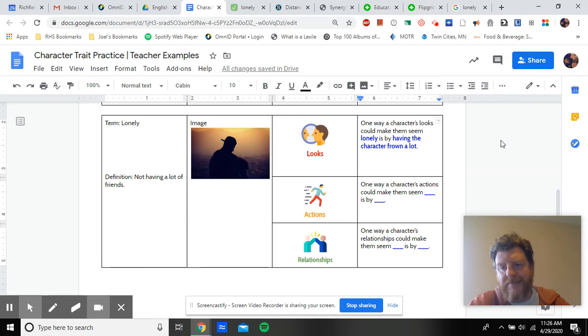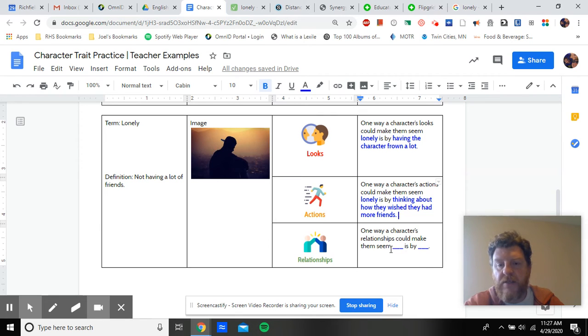So the character frowns a lot, kind of sticks out his lower lip, and I think that might make the character seem lonely. I want to think about an action that the character might do, something they think, something they might say, something they might do. So one way a character's actions could make them seem lonely is by thinking about how they wished they had more friends. That makes a character seem lonely. They're wishing and thinking about having more friends.